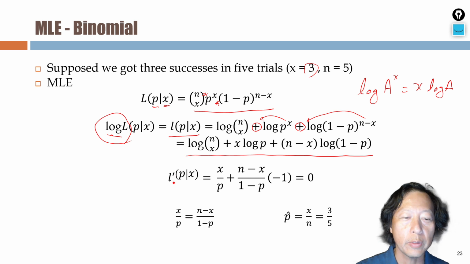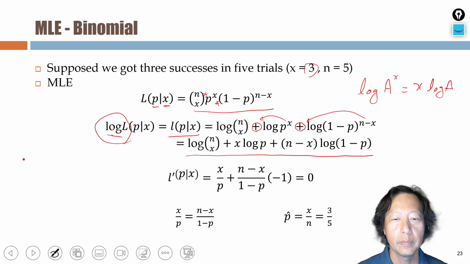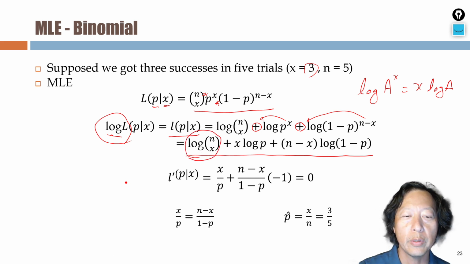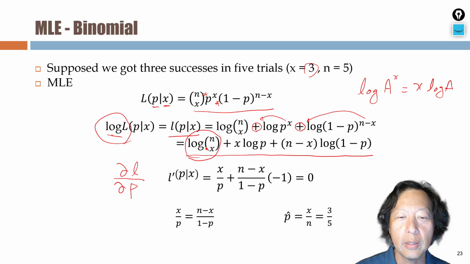If you take a derivative here, this term doesn't have a p, so the derivative is over P, because I'm looking for the P that maximizes L. It doesn't have a P at all, so it will be gone.